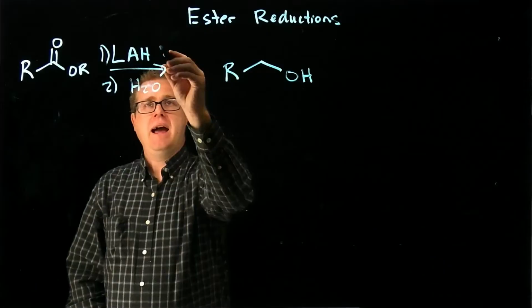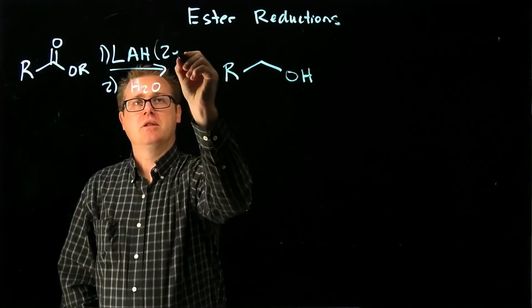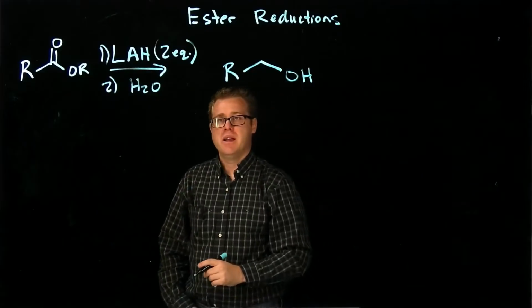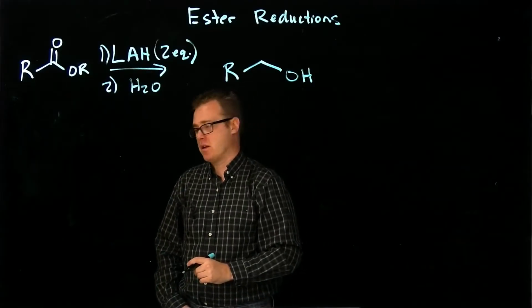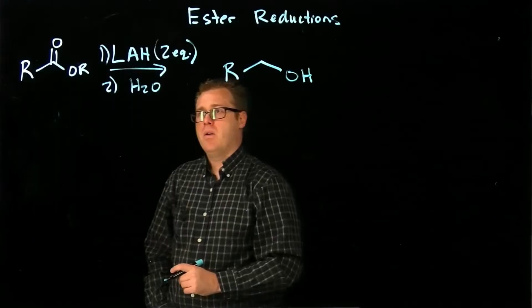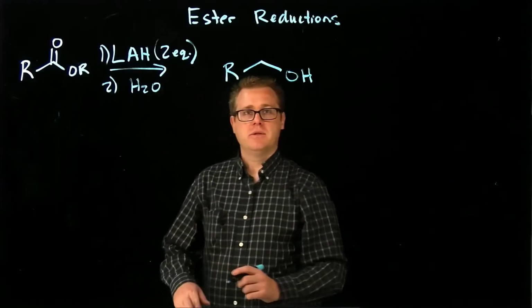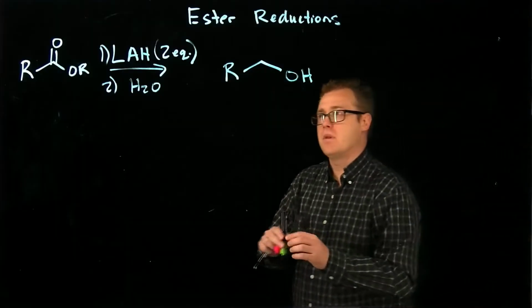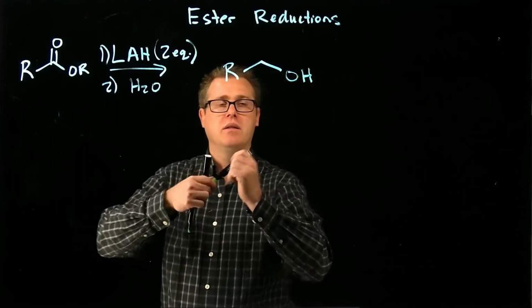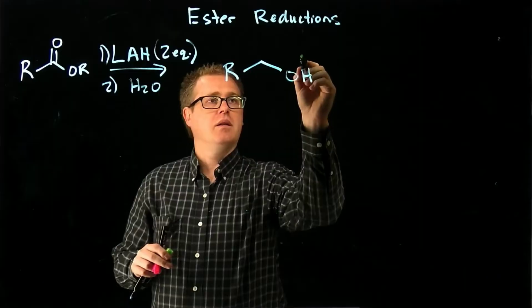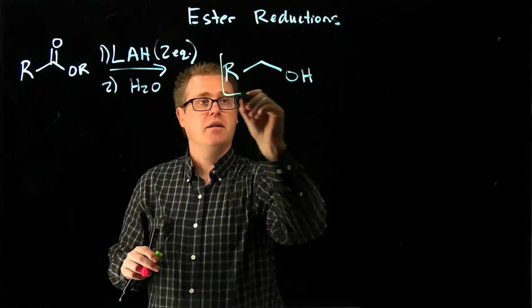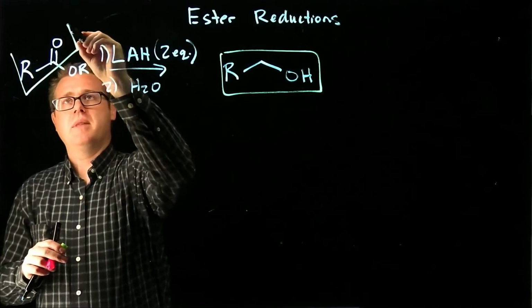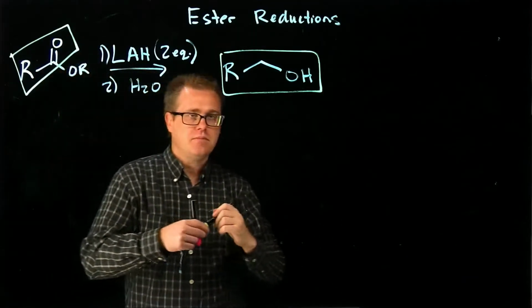But we need to have at least 2 equivalents of the lithium aluminum hydride in order for this reaction to work. Now, another thing to note is the whole molecule right there is from that piece right there.